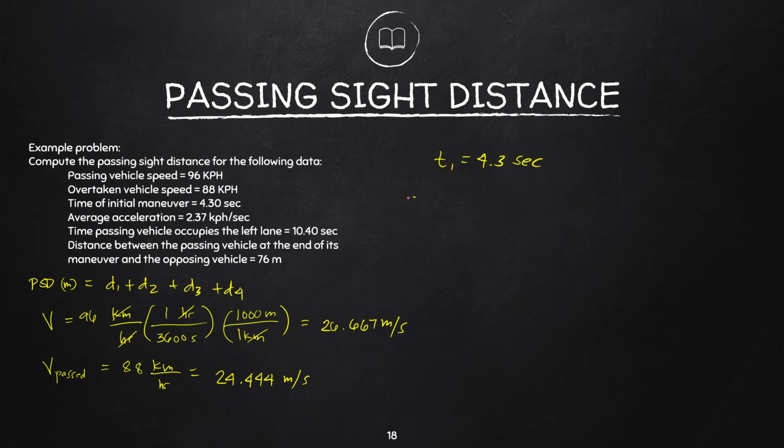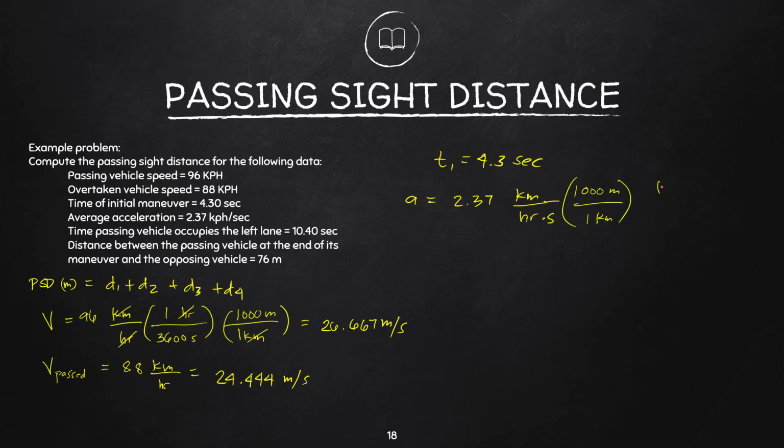Average acceleration is equal to 2.37 kilometers per hour per second. Let's try to convert this one. So 1 kilometer or 1,000 meters is equal to 1,000 meters or 1 kilometer.